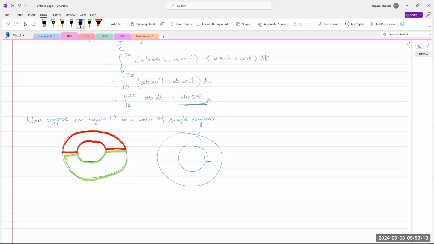Now what we can do is see it this way. This is the first path, and this is the second path.